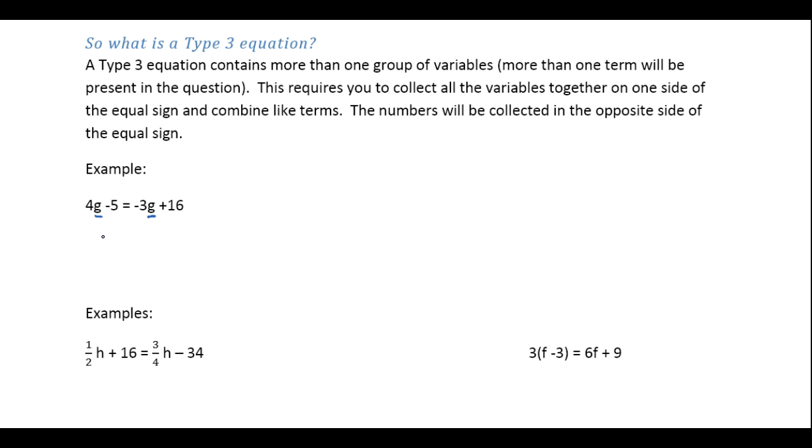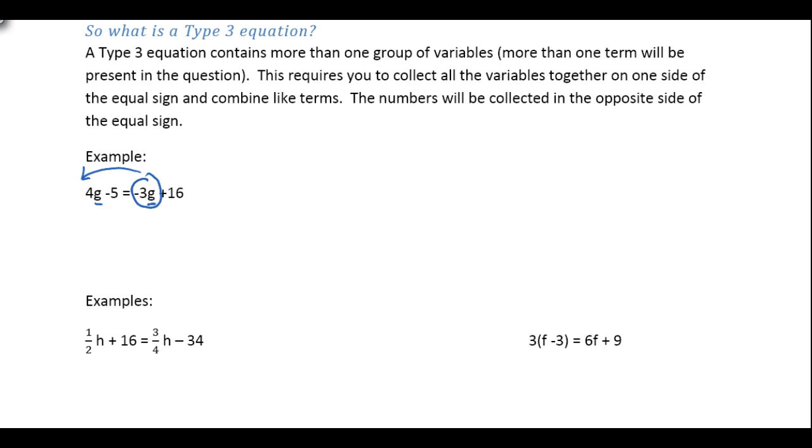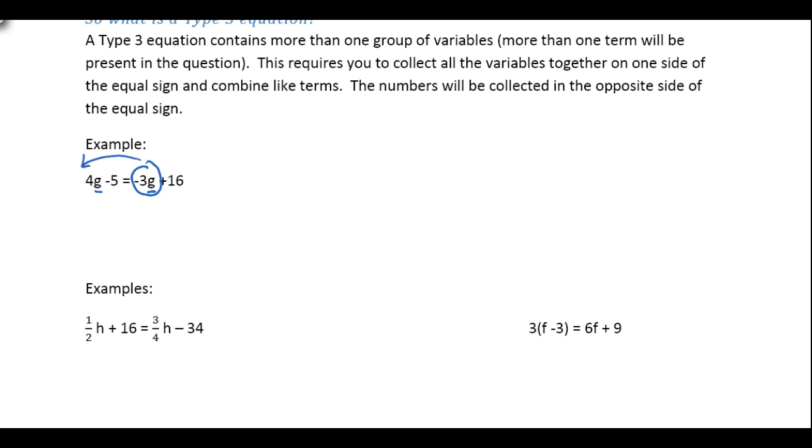The side that makes the most sense is to move these g's over to the left side, because once I add 3g to both sides, I will end up with 7 g's. If I'd subtracted the 4, I would be left with negative g's, and I don't like that.